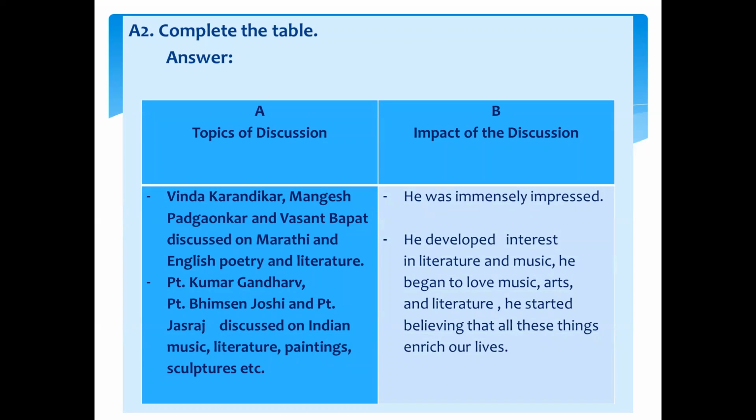Next point: Pandit Kumar Gandharva, Pandit Bhimsen Joshi and Pandit Jasraj discussed Indian music, literature, paintings, sculptures, etc. Impact: he developed interest in literature and music. He began to love music, arts, and literature. He started believing that all these things enrich our lives.